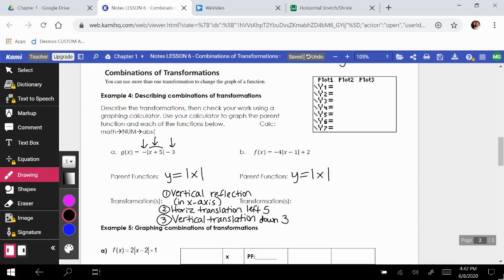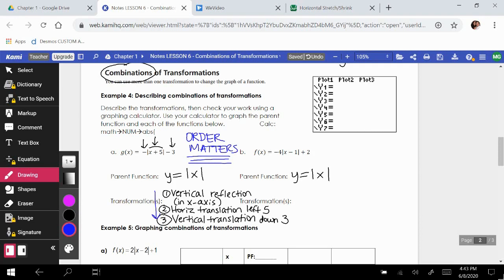Okay. Now, a comment really quick about combinations that you want to make sure you know is that order matters. Order matters, so important. So when you list these 3 transformations, you want to make sure that they're in that exact order.